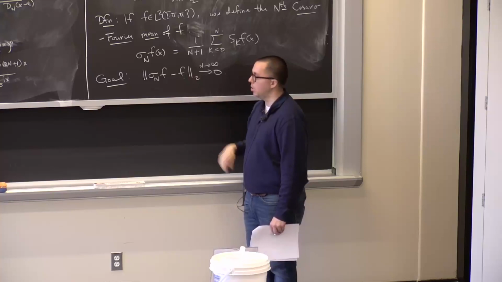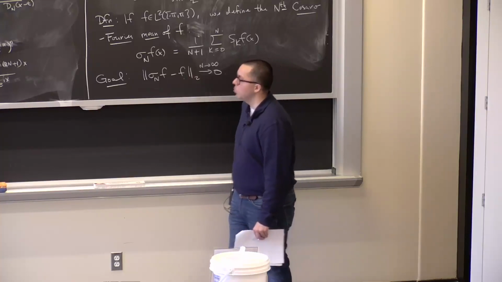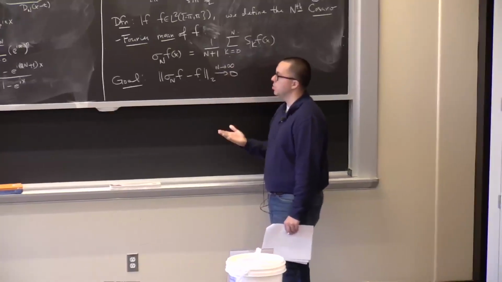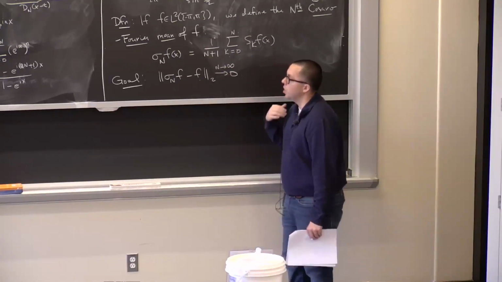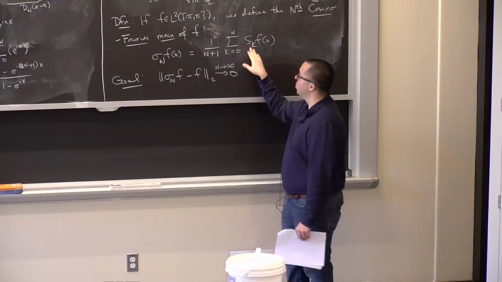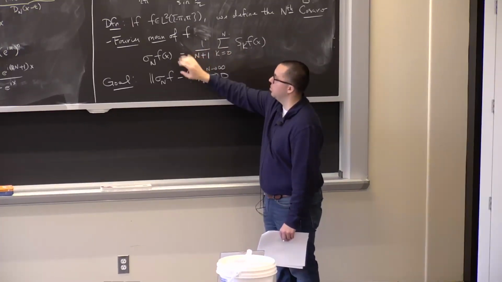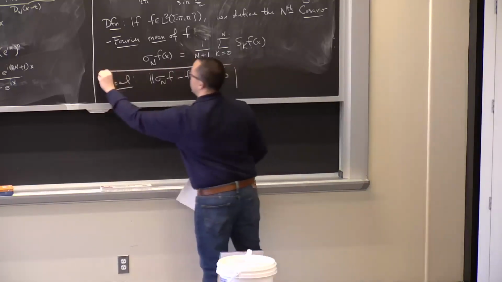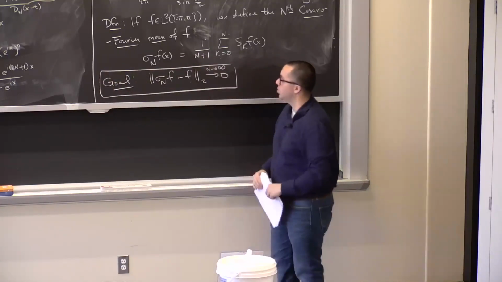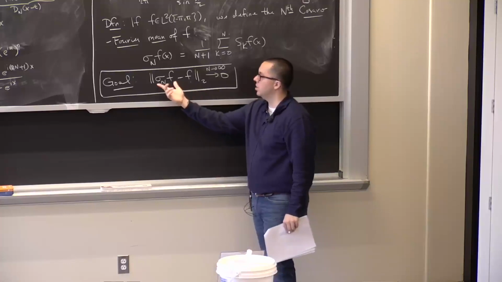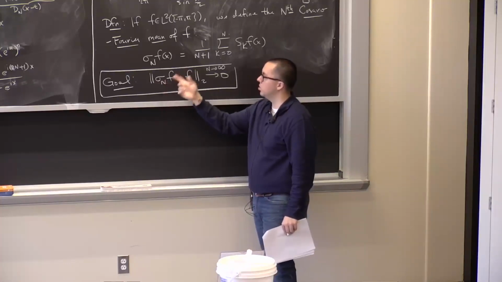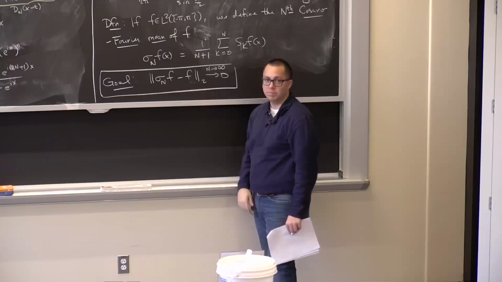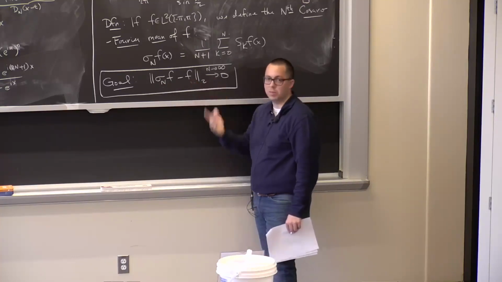If we're able to prove this holds for all f in L2, then this tells us that 0, which is what all of these Cesaro-Fourier means are, converges to f. And therefore f is 0.